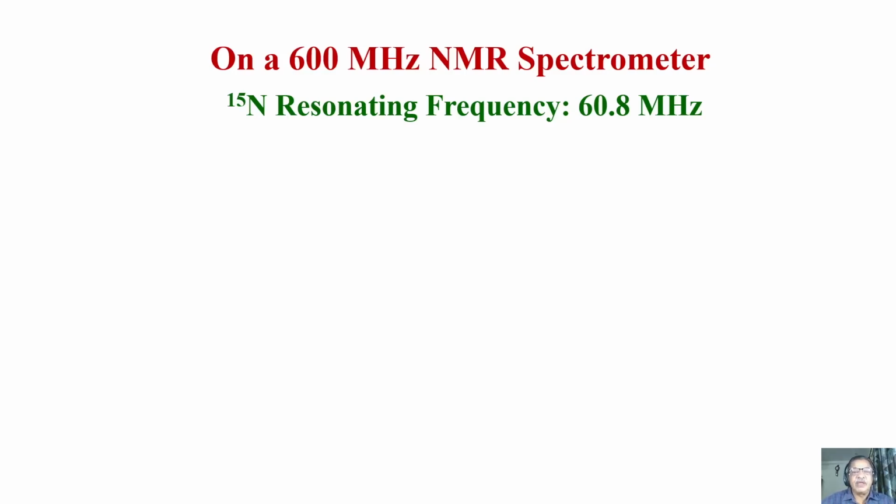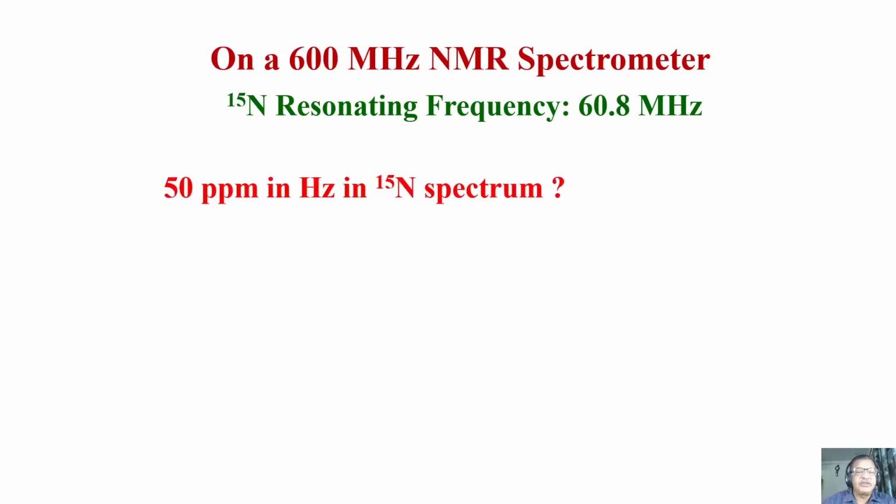Let us say on a 600 MHz NMR spectrometer, 15N is resonating at 60.8 MHz. That is true, right? Gamma of nitrogen 15, as I have been telling you, is nearly 10 times smaller, so its resonating frequency is 60.8 MHz.